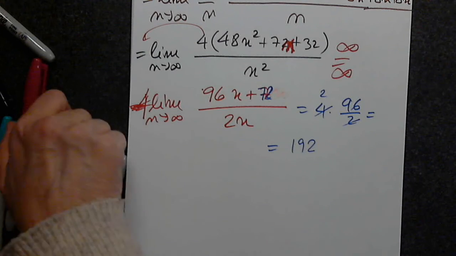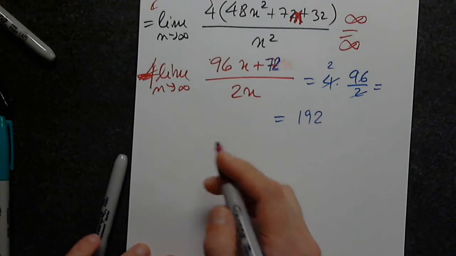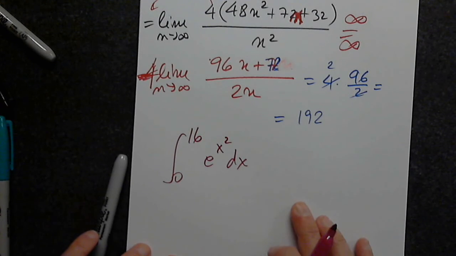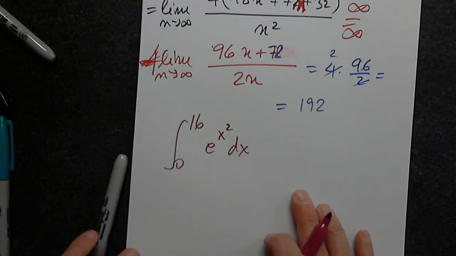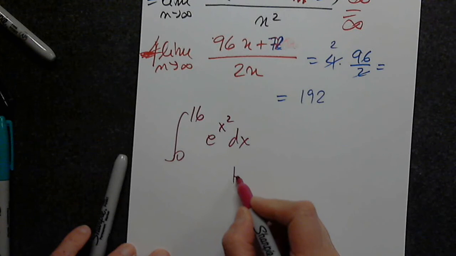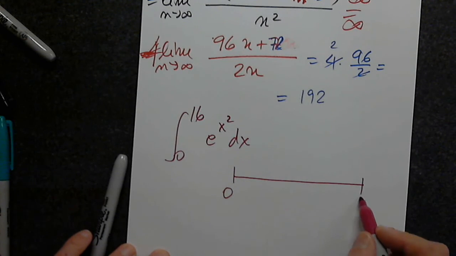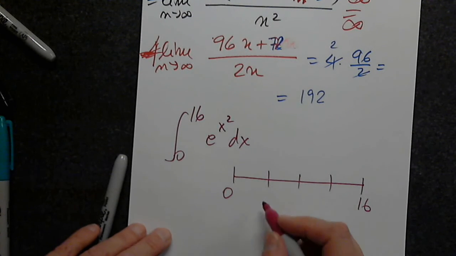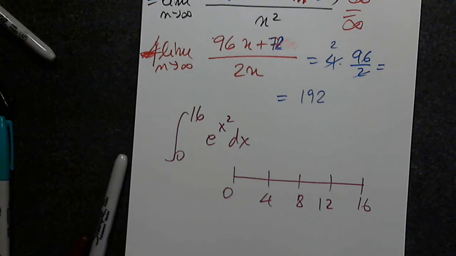We had a problem like that some time ago. The integral from 0 to 16 of e to x squared dx. Midpoint rule with 4 subintervals. From 0 to 16, 4 subintervals: 4, 8, 12.